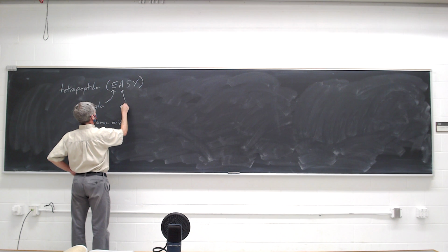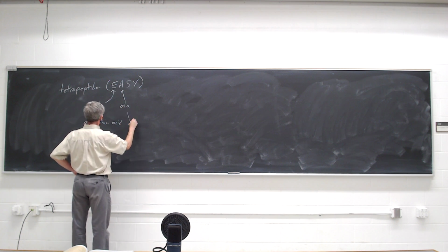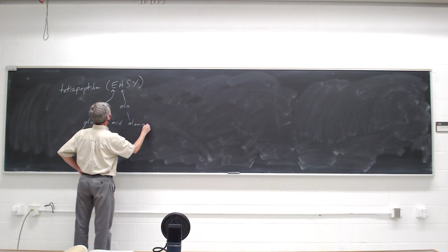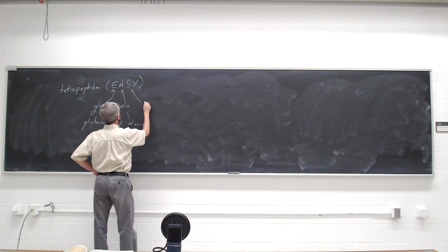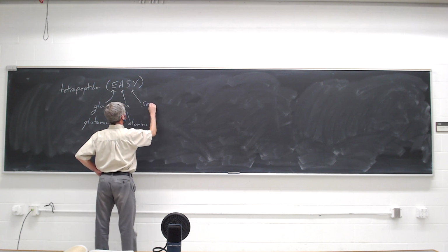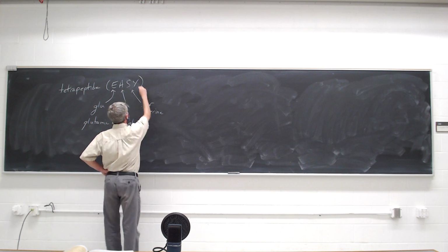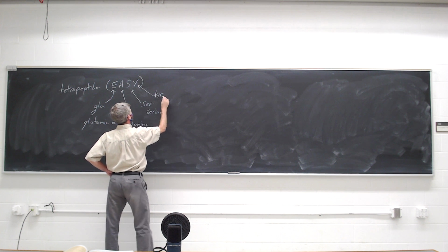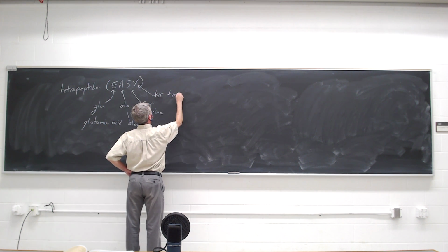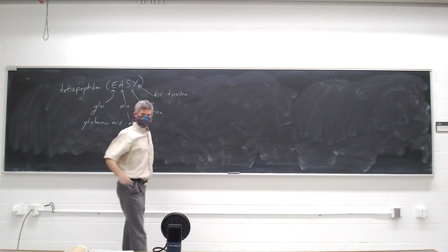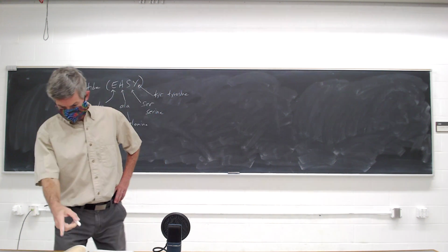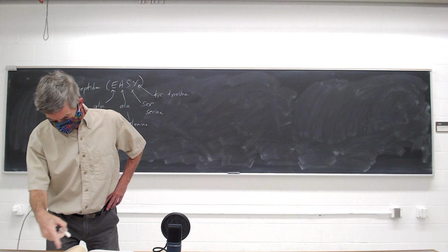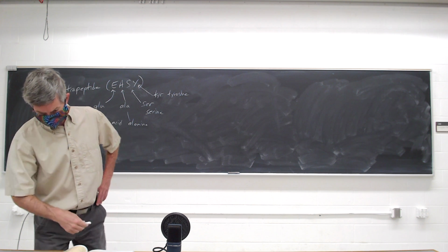A is the code for ALA, which is alanine. S is the code for serine, which is SER. And Y is the code for tyrosine. And you can look at those in the table.